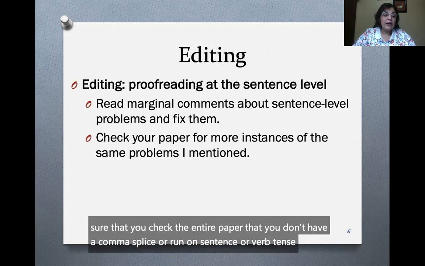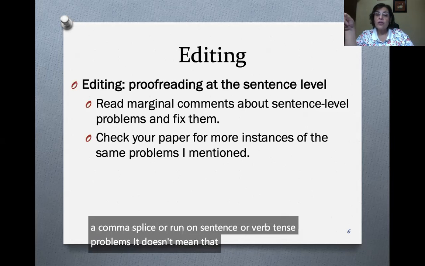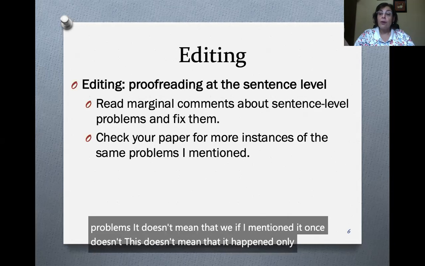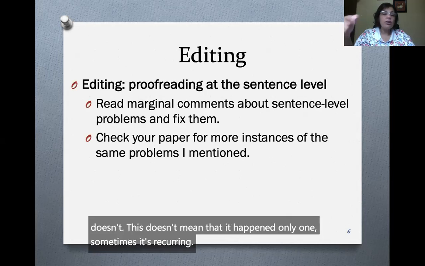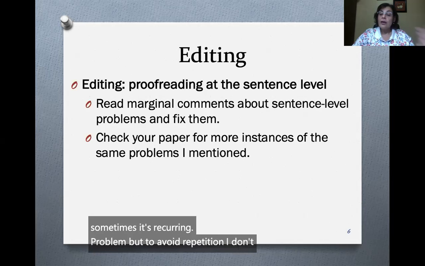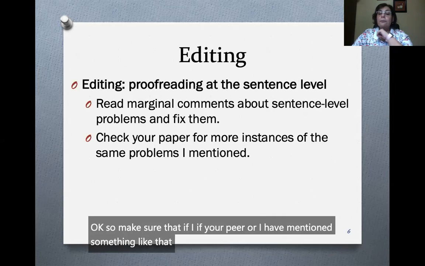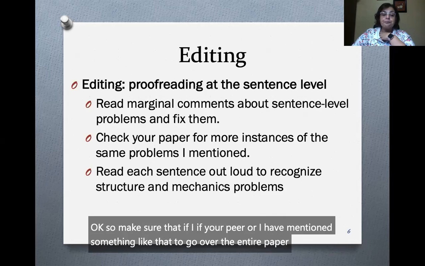If I mention it once, it doesn't mean that it happened only once. Sometimes it's a recurring problem, but to avoid repetition, I don't mention it more. So make sure to go over the entire paper and fix that problem.